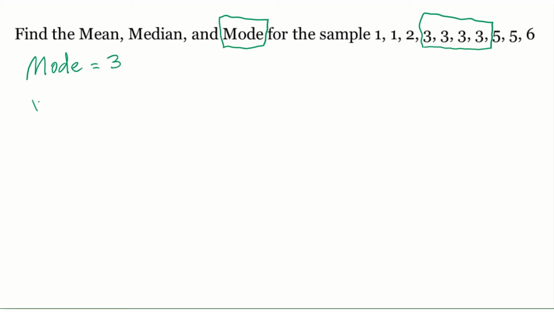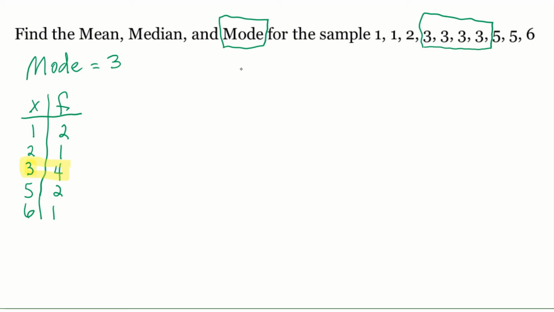If I have a frequency distribution table, we're going to do the same thing. So let's write down our distribution table with our frequencies. This was 2, 1, 4, 2, and 1. And once again, you're going to look and say which one has the highest frequency, or which one has the number where the number is the biggest on the frequency.